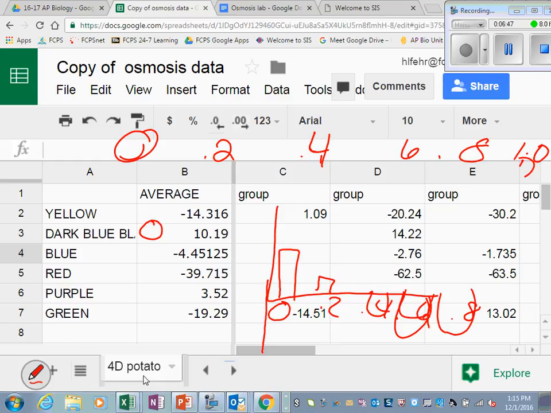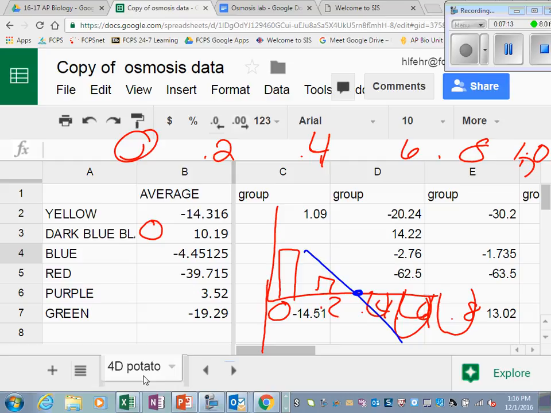So how do I determine the molarity of my potato? It's probably somewhere between 0.2 and 0.4. So I make a line of best fit, and my graph says it's about 0.3. Does this make sense?